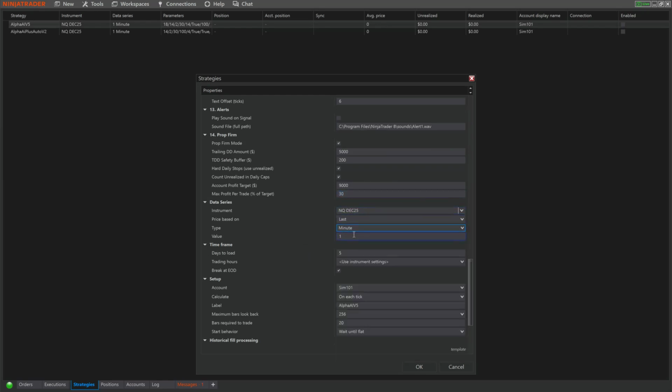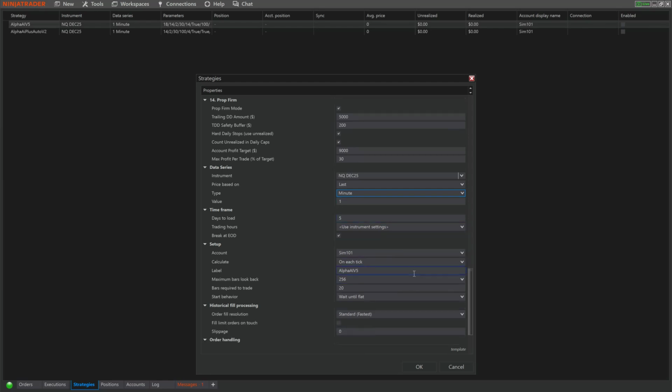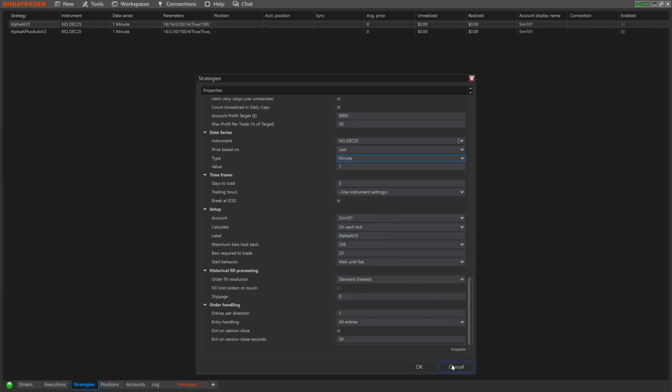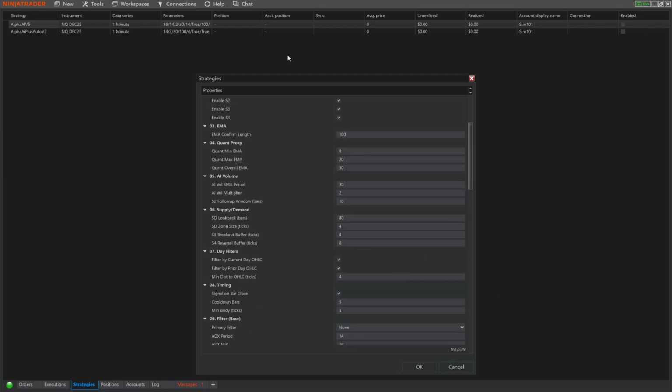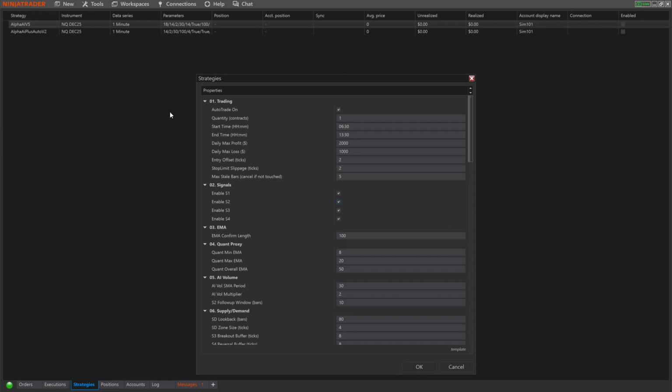Most likely we all use 1 minute. That should be it. And whatever template you have, just get a VPS, run this on it, 1 minute ES NQ. I don't have any template for ES now. We have only NQ, but we will have it in the future for sure. A lot of people are working on crude oil and gold templates, but for now we have only NQ.